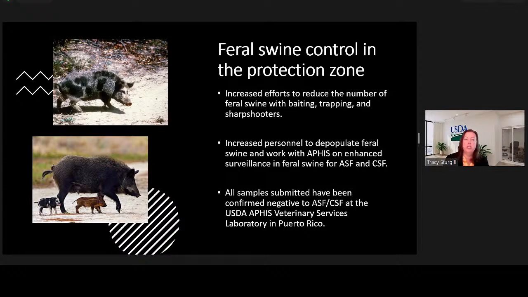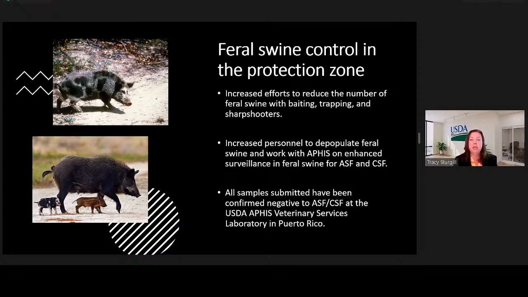Previously, that was occurring to some extent, but with the establishment of the protection zone, that has significantly increased. And APHIS has increased efforts to reduce the numbers of feral swine with both baiting, trapping, and with sharpshooters. And states and territories have increased personnel to depopulate feral swine and to work with APHIS on enhanced surveillance in feral swine for both African and classical swine fevers.